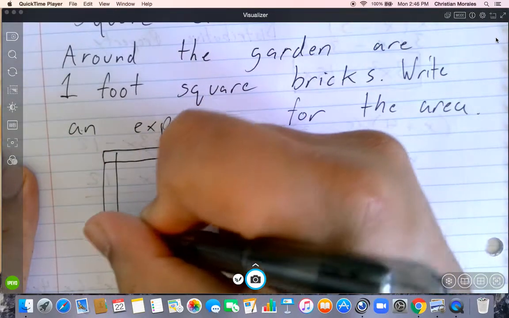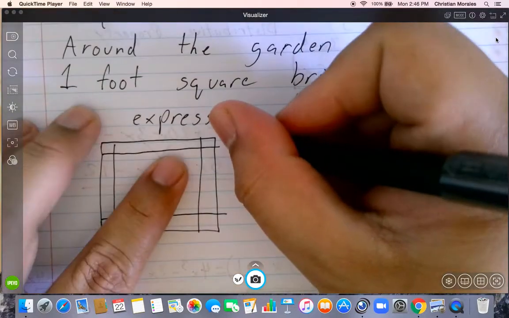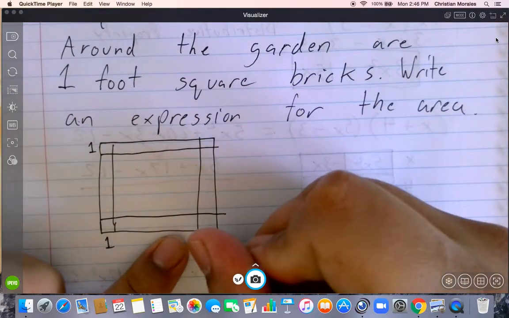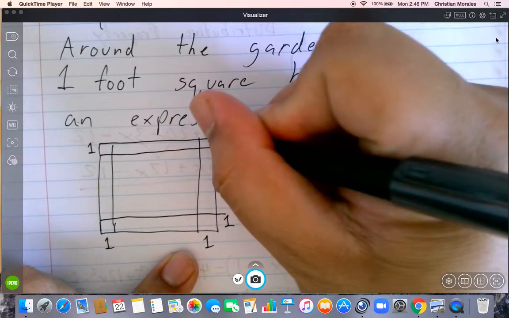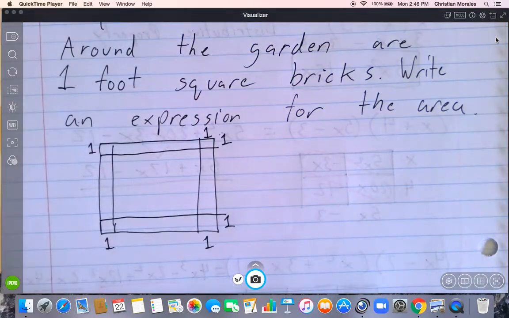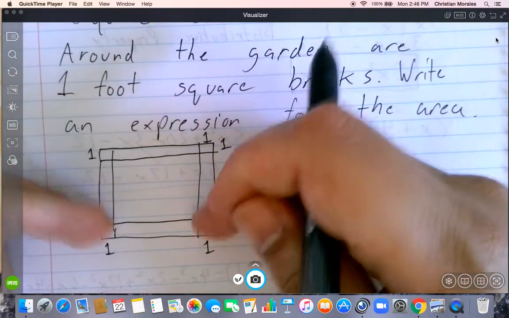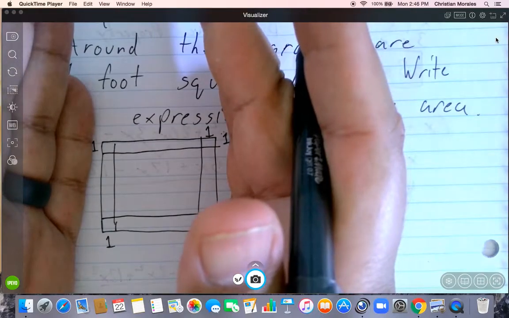So you have 1 foot bricks on all sides. It's almost like a fence, keeping the garden blocked off.